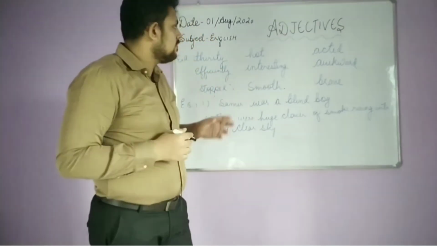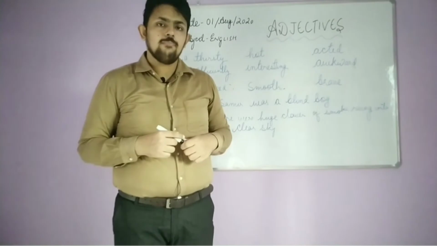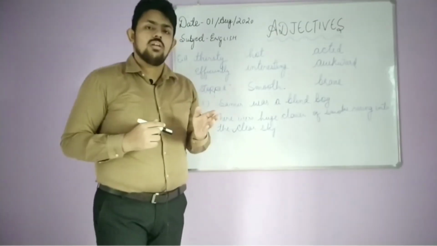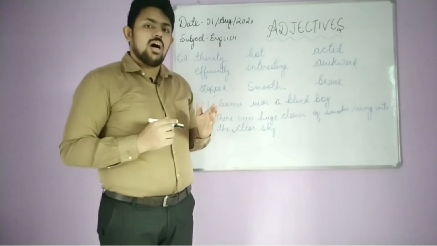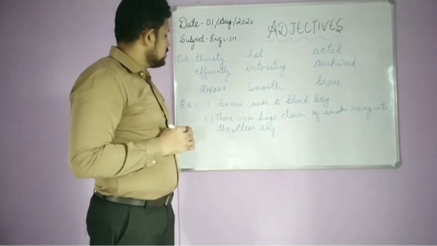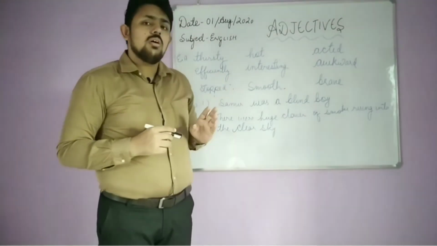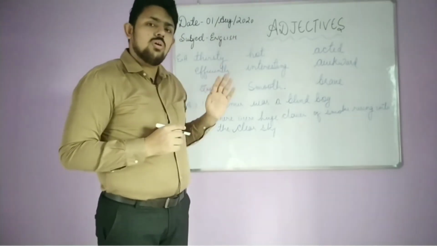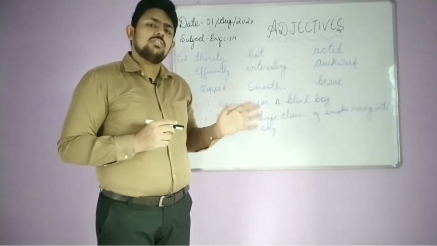And here we are doing the first exercise, exercise A, in which you have to circle out the words which are not adjectives. There are a few adjectives and a few words which are not adjectives but just mere words.